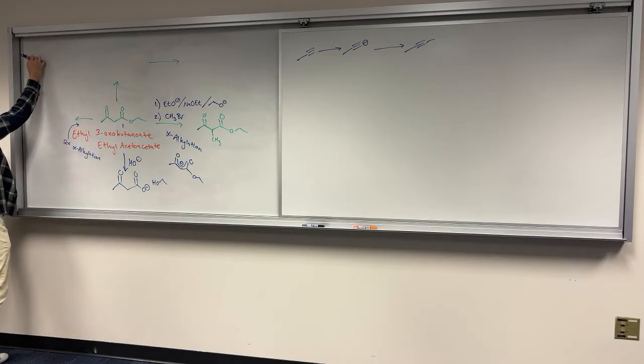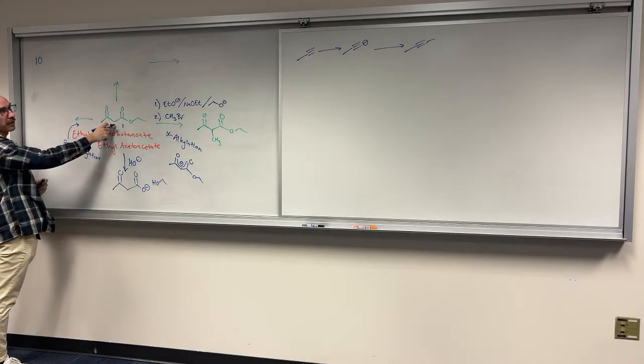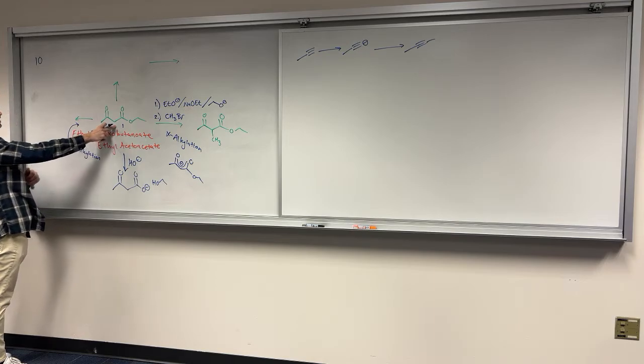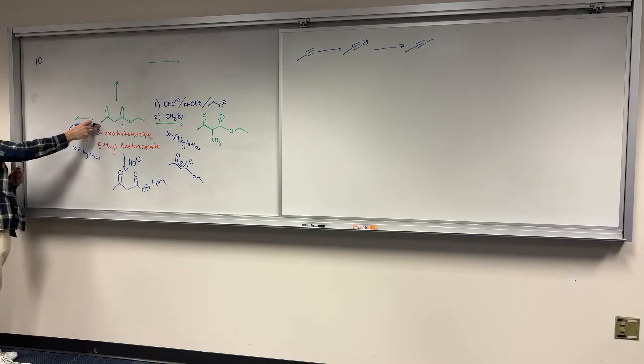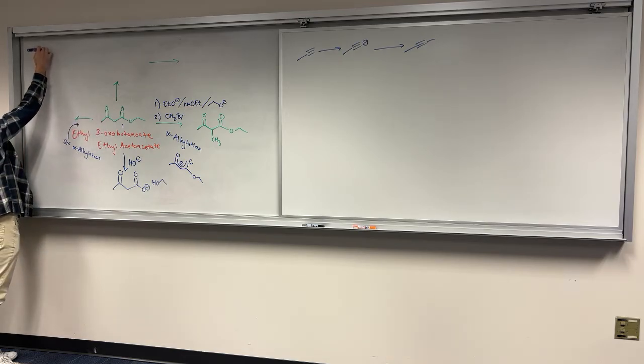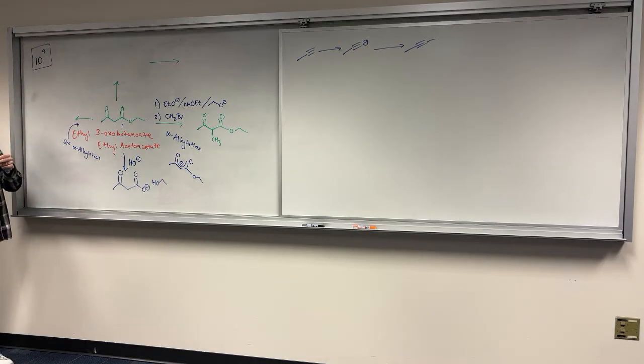Here's the ratio. This has a pKa around 11, and this has a pKa around 20. So the difference there is 10 to the 9. That's the ratio. It's a pKa thing? I thought it was a resonance thing.